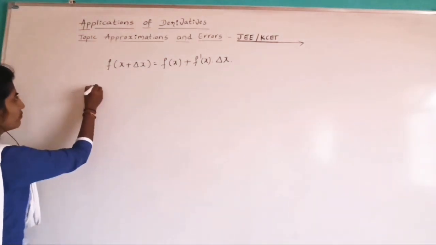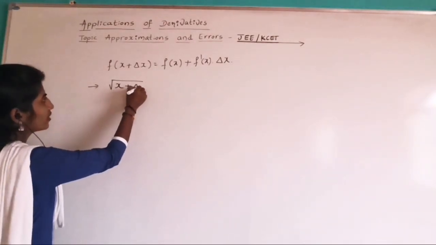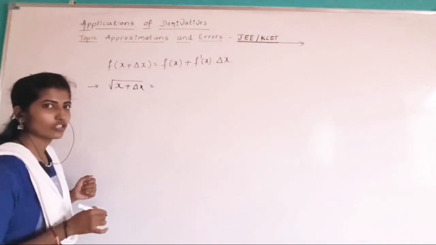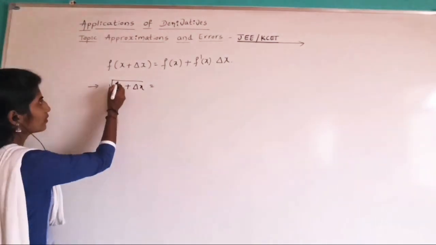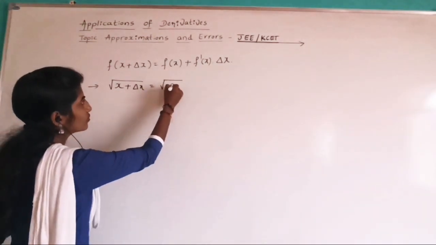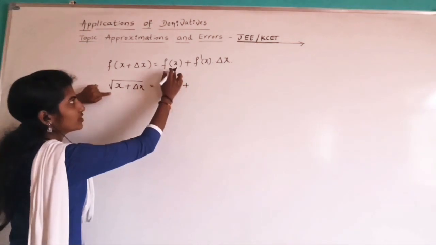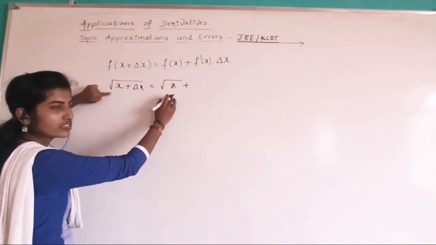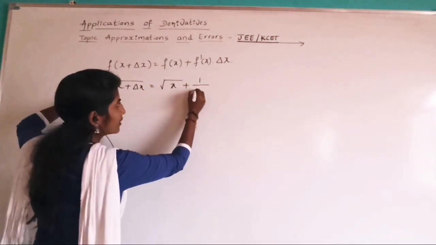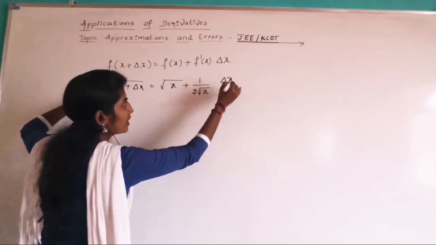For example, take the square root of (x plus delta x). Here my function f of x is root x. Its derivative is 1 divided by 2 root x. So I can simply write it as root x plus 1 divided by 2 root x into delta x.